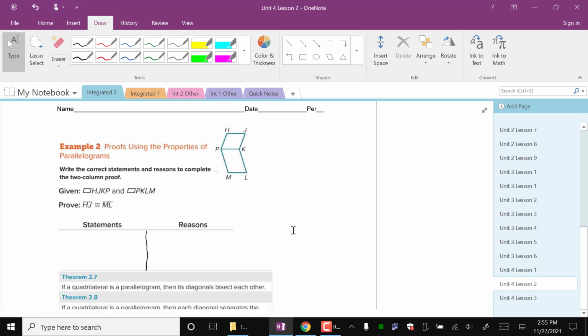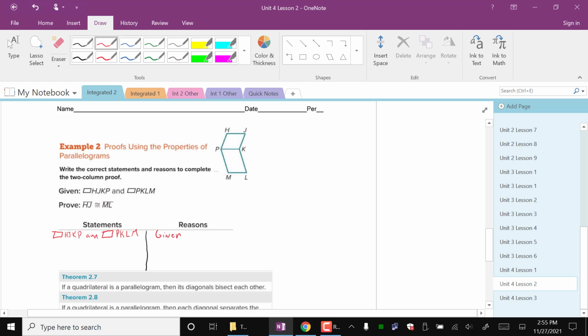With these, we always start off with our given statement. Our given statement is that the parallelogram HJKP and the parallelogram PKLM. Again, this is given.